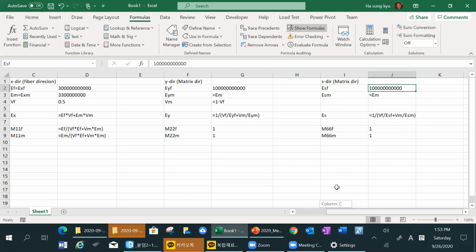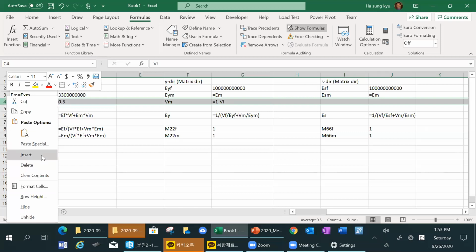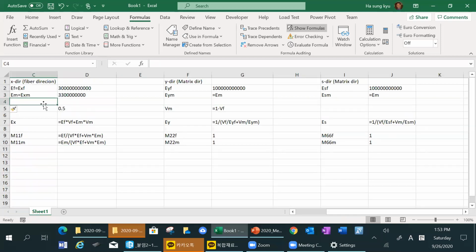Usually the matrix is isotropic. Isotropic means that we have a Poisson's ratio. I would say let's call the Poisson's ratio PF, because it's confused with VF.